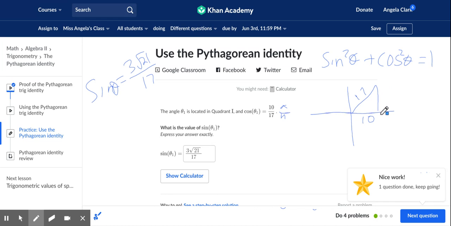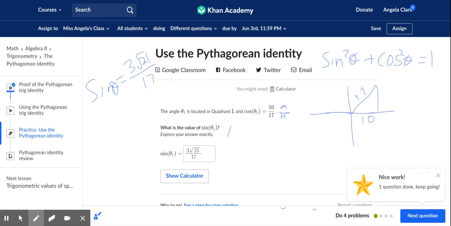So I can figure out what this other leg should be by using the Pythagorean theorem. Instead of using the Pythagorean identity for sine and cosine, I'm using the Pythagorean theorem, which is where the Pythagorean identity comes from, but we're more familiar with the Pythagorean theorem, obviously.